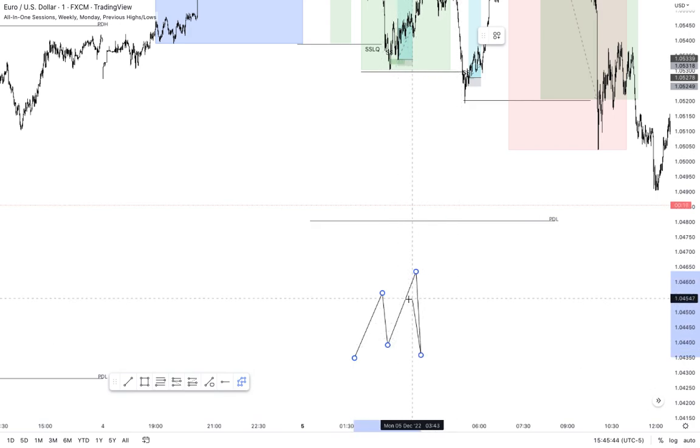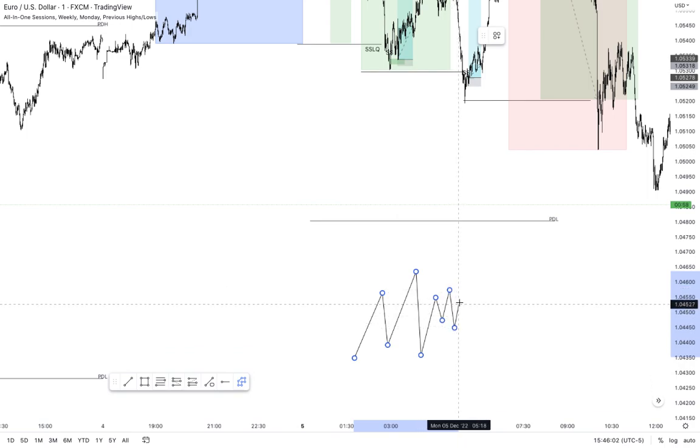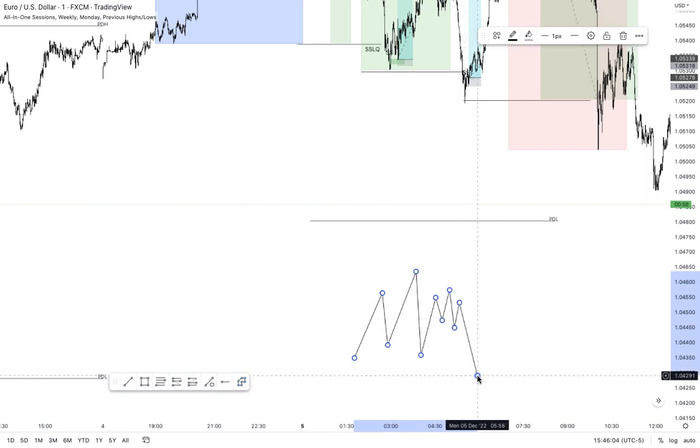There should be a fair value gap somewhere over here. Within the fair value gap they will drop down to lower time frames like 1 minute or 5 minutes, and inside the lower time frame they will find the same model, like a low being swept, a market structure, a fair value gap, and then the trade.